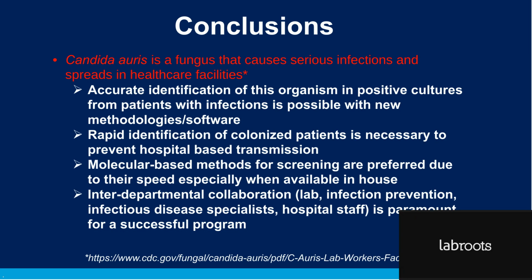Specifically, rapid identification of colonized patients is really necessary to prevent hospital-based transmissions. Molecular-based methods are really ideal for screening because they're fast and very convenient, and of course, it's even better when they're available in-house.